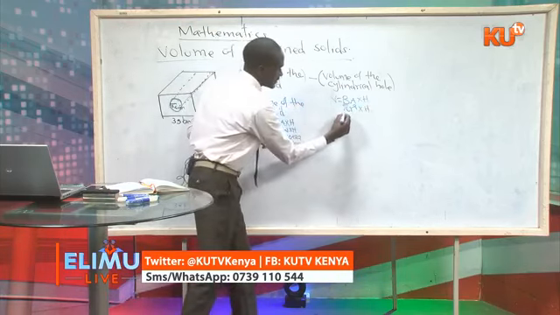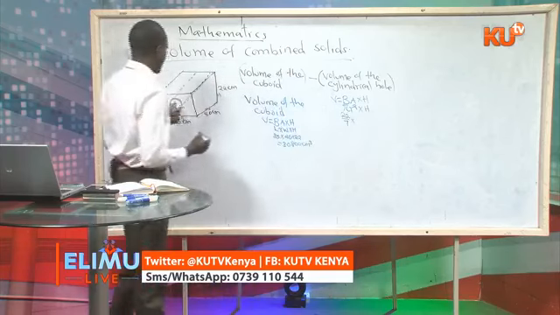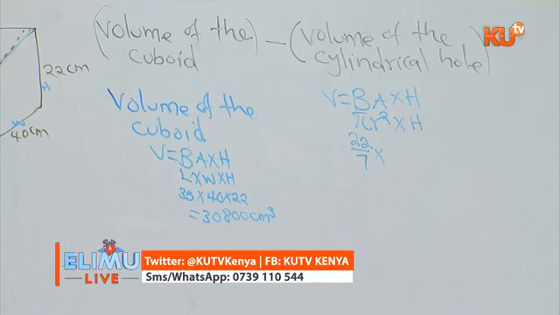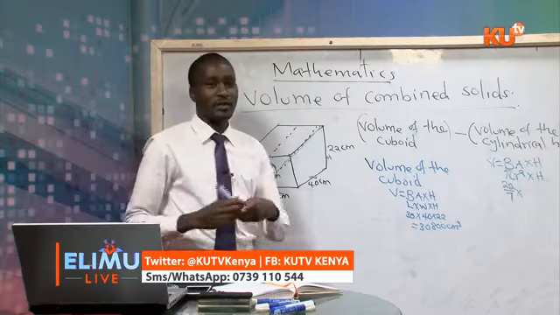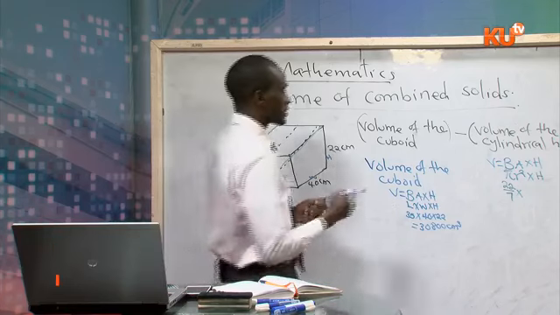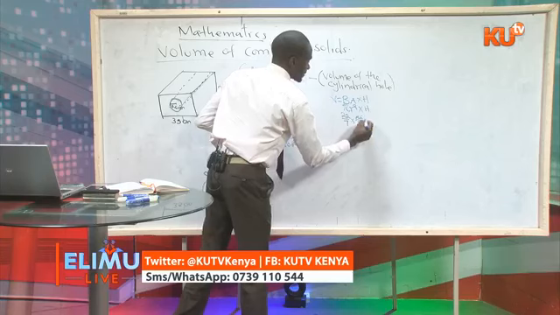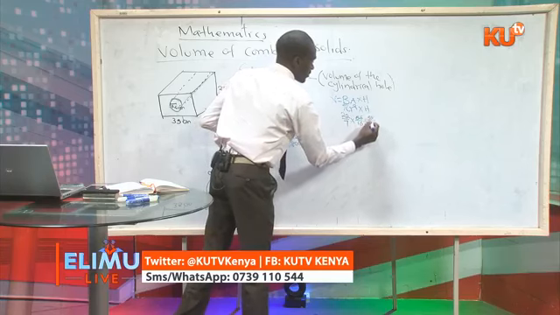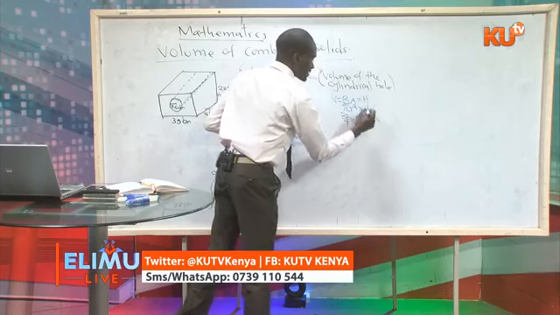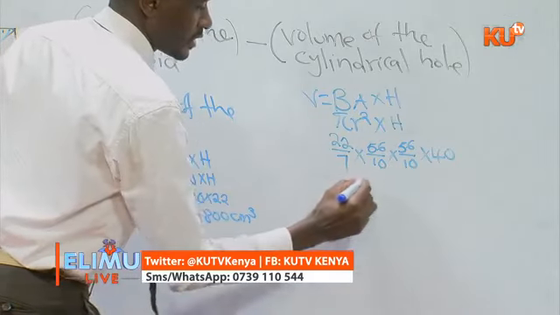So pi is 22/7 by radius. Our radius is 5.6. So we will make 5.6 as a fraction, then it will be 56/10 times 56/10 times height, whereas we have said our height is 40.